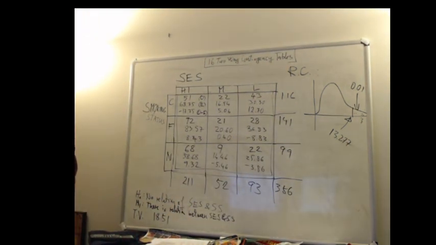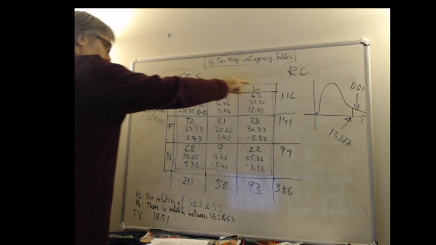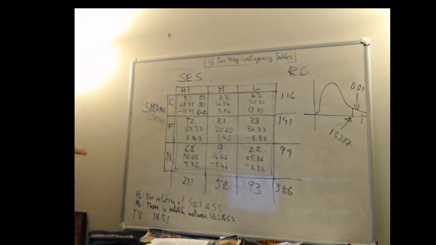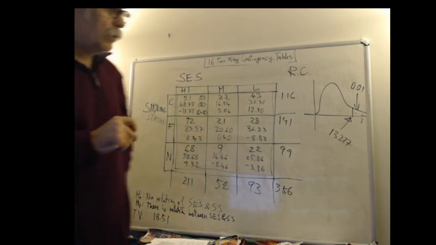Again, I'm using a chi-square random variable with 4 degrees of freedom because of 2 degrees of freedom, 2 degrees of freedom, 2 times 2, 4 degrees of freedom. And I'm looking for a level of significance of 1%.